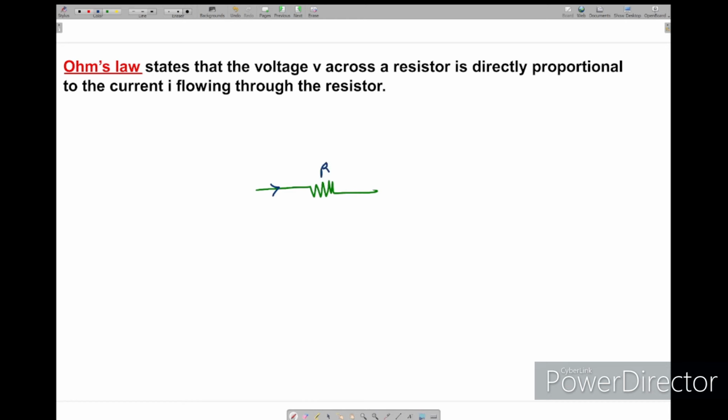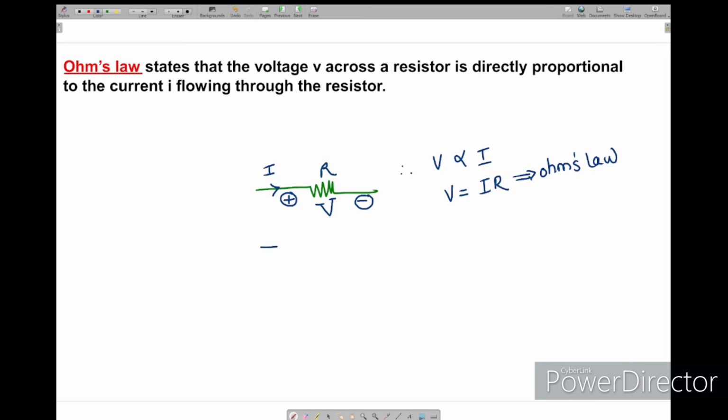For a passive resistor, the direction of the current decides the sign of the voltage. Current I enters at this terminal, so I have marked positive here and negative here. As per Ohm's law, V is proportional to I, so I replace that with V equals IR. This is Ohm's law.